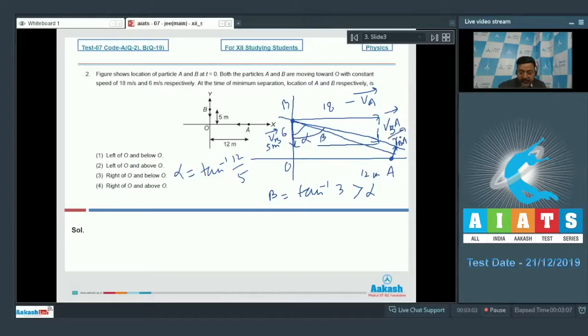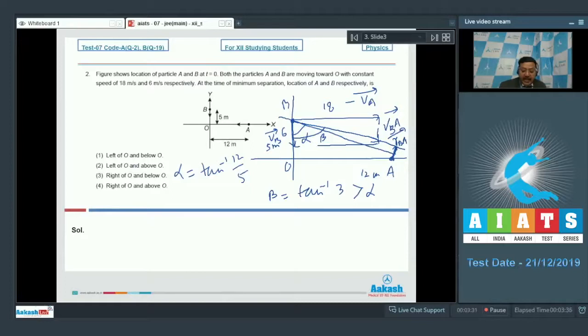I can call it RBA vector. Now this is a very key point of solving this problem. Given the options, we don't actually have to find their exact locations when they are at minimum separation. Basically, we have to judge how they are positioned with respect to point O, the particles A and B. And the answer is given by this vector.